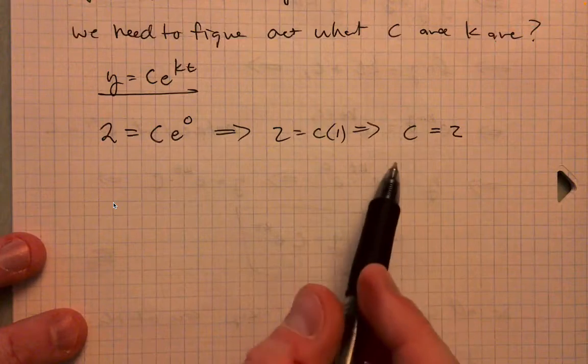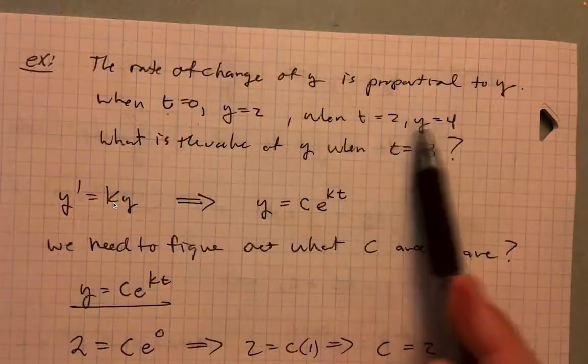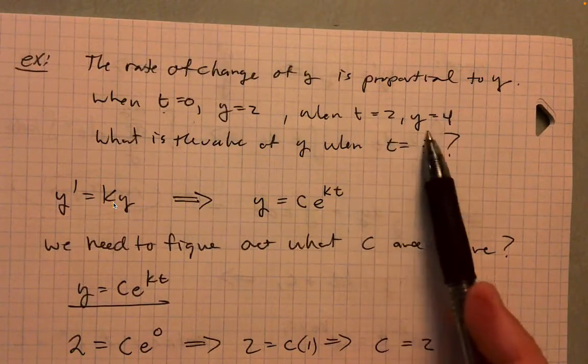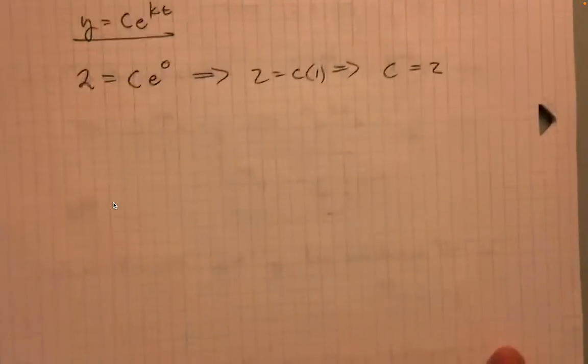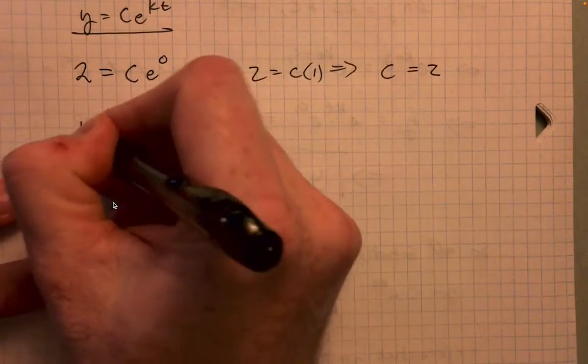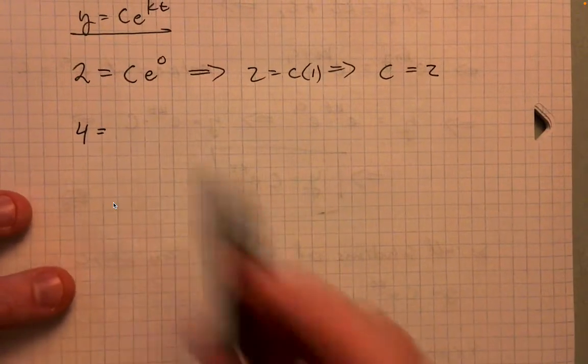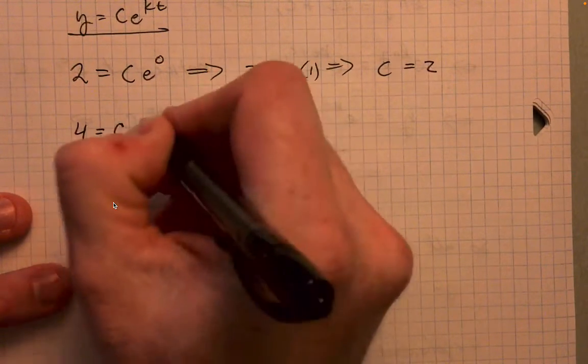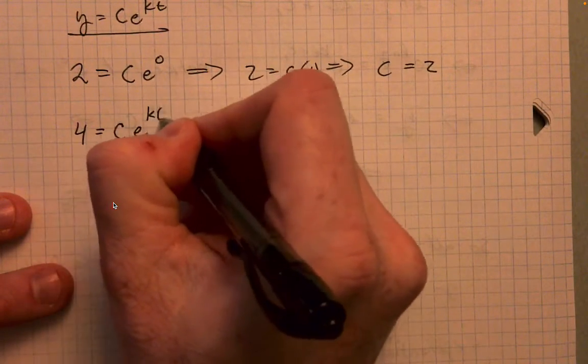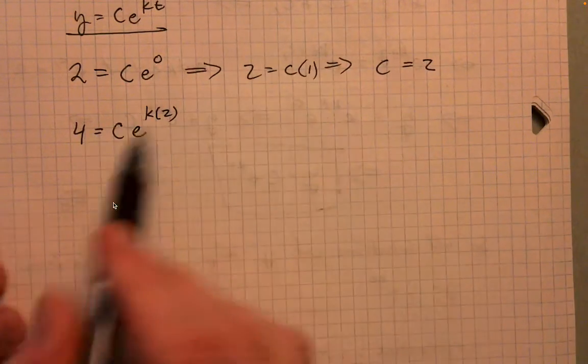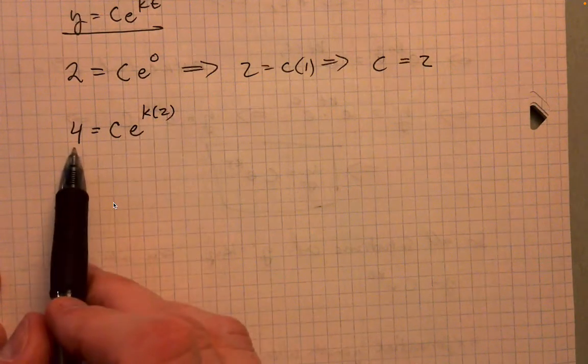So then to figure out k, we can use the other condition that's given, t equals 2, y equals 4. Okay, and so we would kind of do the same thing. So 4 equals c e to the k times 2, right? So t equals 2, y equals 4.